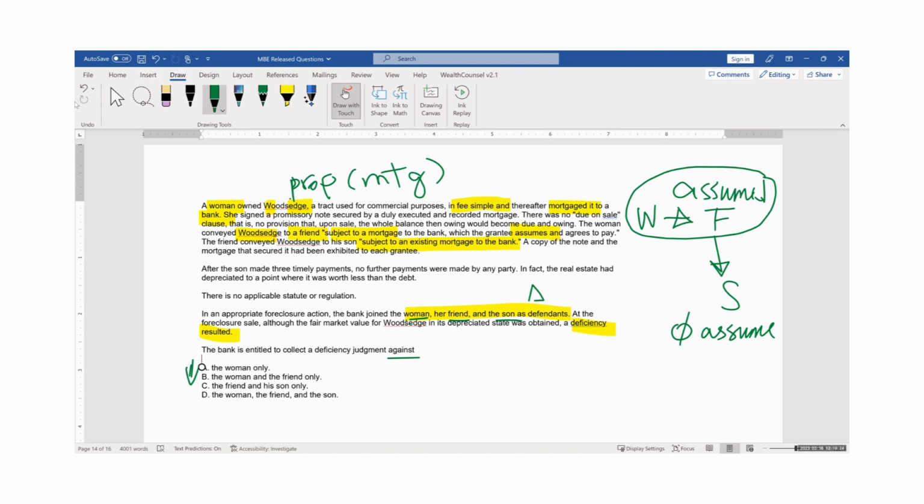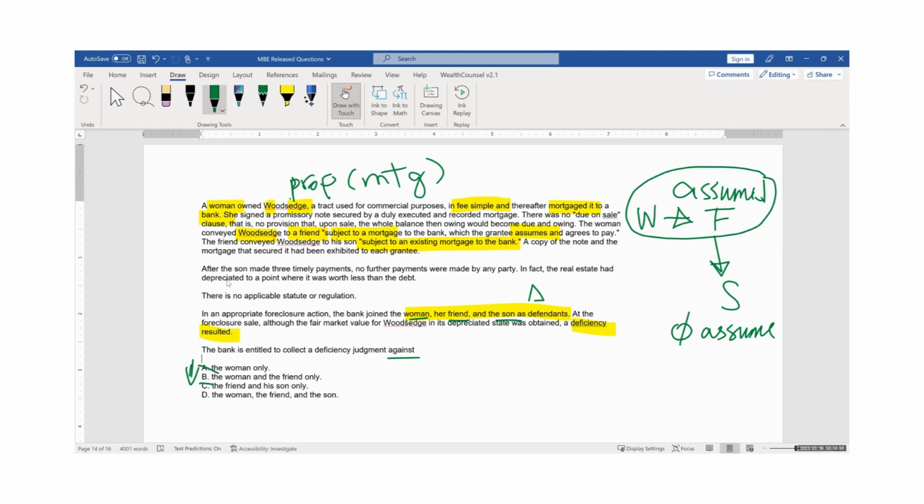The answer choice in A only includes the woman. It excludes the friend, so that's not a good answer choice. Answer choice C includes the friend and the son. Well, answer choice C you can cross out because it doesn't include the woman, and even if you were unsure of the friend and the son, you should know that the woman will be on the hook because she's the original borrower.